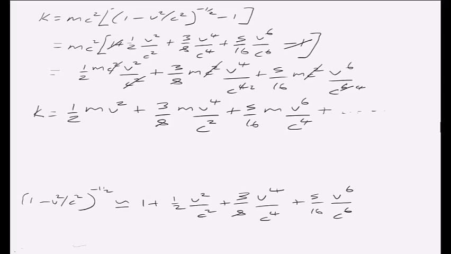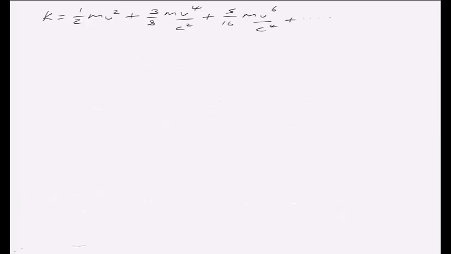We've only gone to a fourth order expansion, and we have the binomial expansion of the kinetic energy. The first term cancelled out because it was 1, and we end up with the second term, the third term and the fourth term. And we note that the first term is simply kinetic energy is equal to 1/2 mv², which is the classical description.